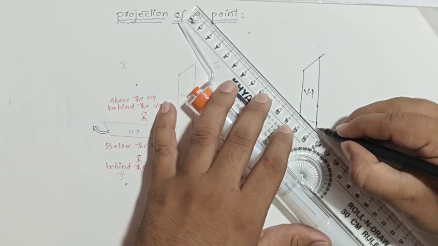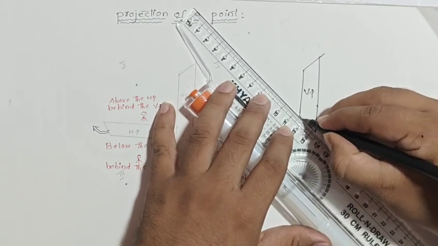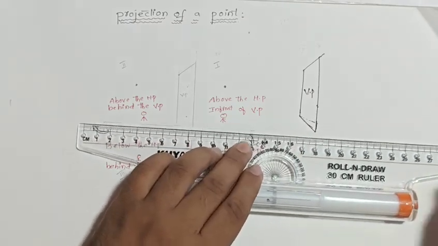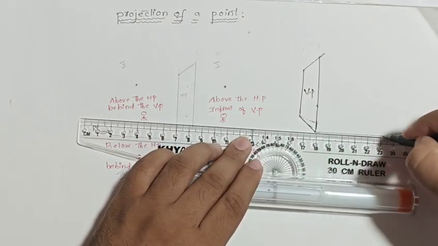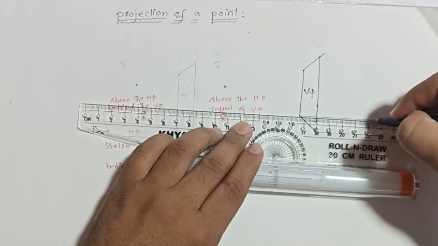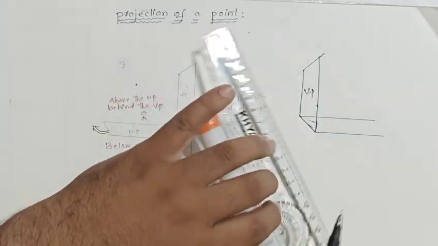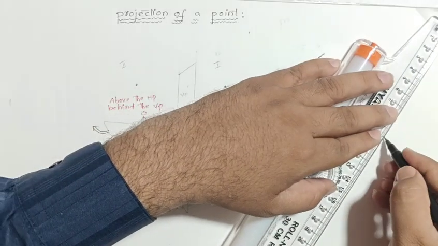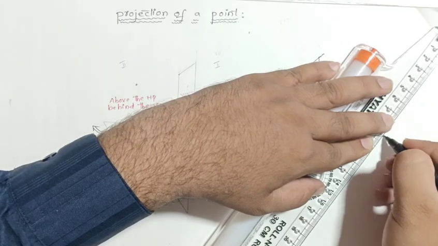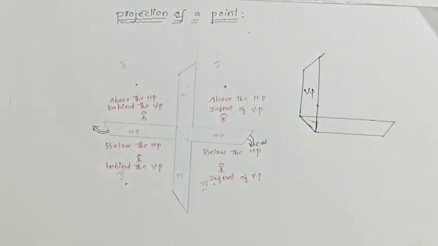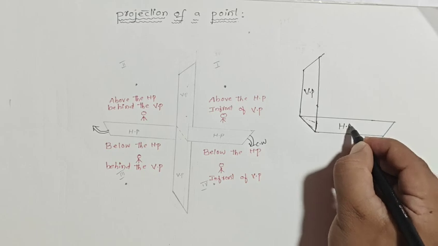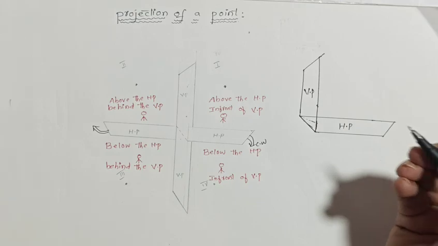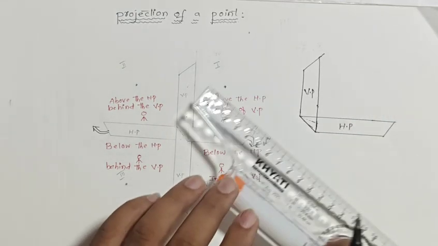So this is what we can see here, horizontal plane, and here the person is this horizontal plane, and this line what we can say, a reference line.